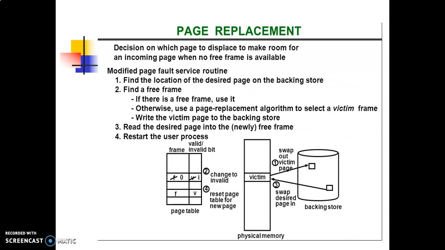And to overcome this page fault problem, some page replacement algorithms are used by the operating system, and some techniques are suggested. Here we will discuss some techniques of how to perform page replacement.